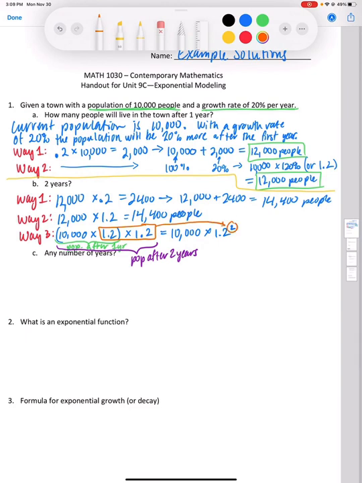When I do that, I get 10,000 times 1.44, which is equal to 14,400 people. Okay, so there are 3 ways of getting this.